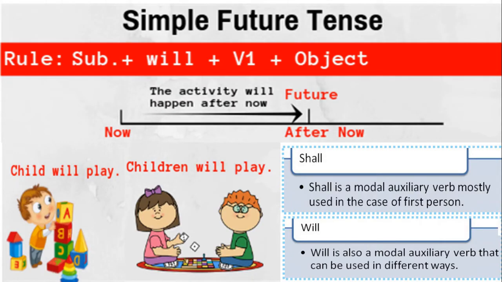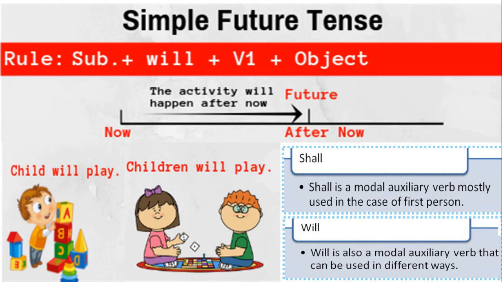Here is an example for simple future tense. The format for simple future tense is given there, and look at the diagram. There you can see now and after now. That means future. So the activity is happening after the first point now. So that means it's not happening at present, it will happen after some time.